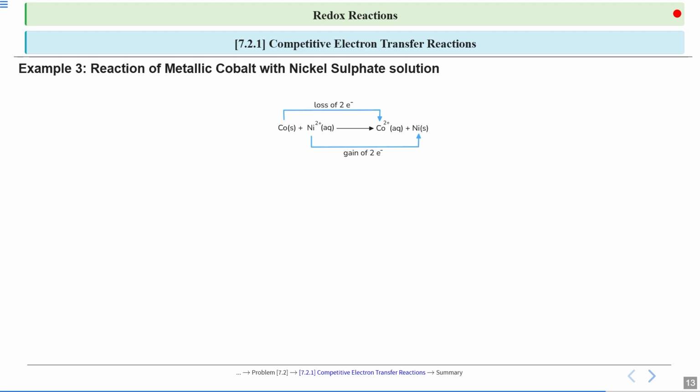So from examples 1 and 2, we concluded about the activity as we knew about their colors. But now, if we consider the reaction between metallic cobalt and nickel sulfate, here we do not know any color about the solutions. But if we look into the chemical reaction, it can easily be found that cobalt has lost the electrons while nickel has gained them.